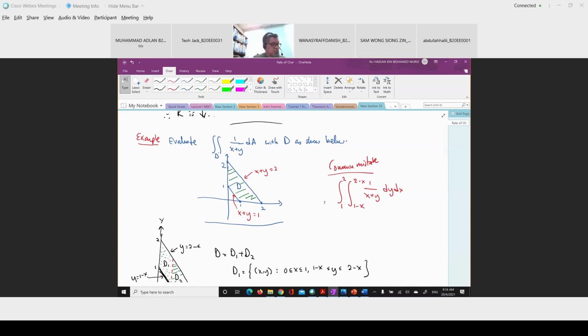Okay. Determine the area bounded by these two parabolas.